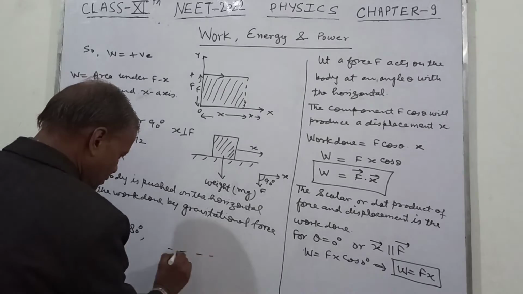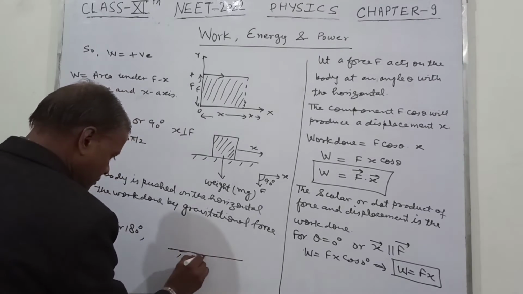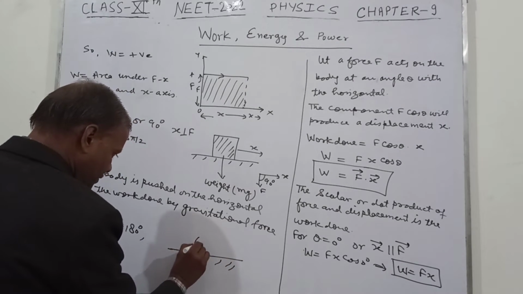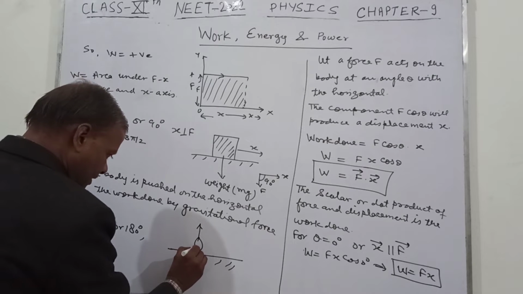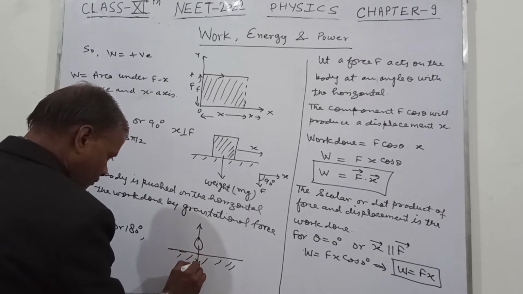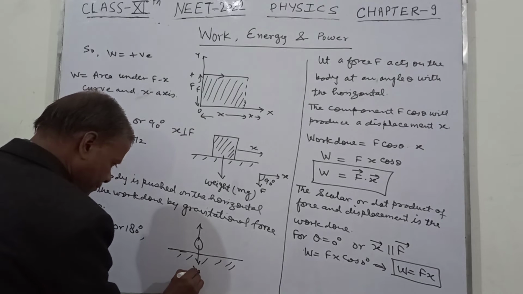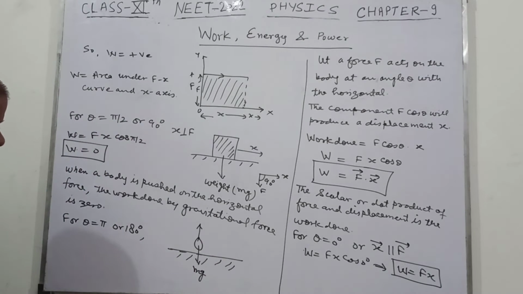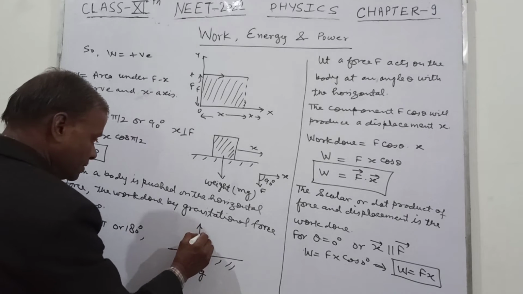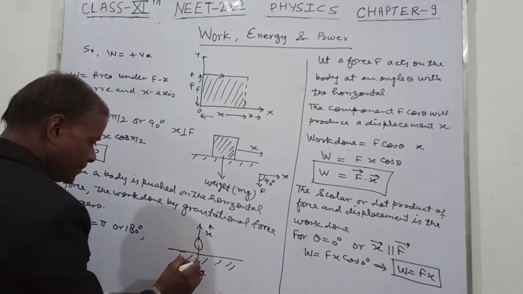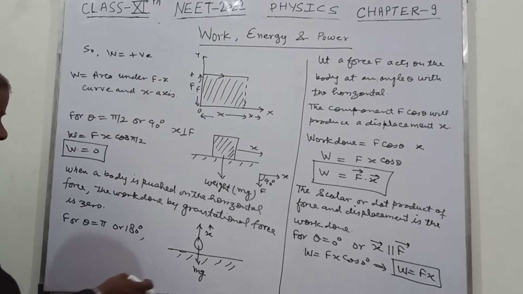This is now suppose the ground, and the body is lifted from here to this distance. Then definitely a weight will be acting here. Weight mg. Now this is moving in this direction, so displacement will be in this direction. This is now your x, and F is vertically downward.